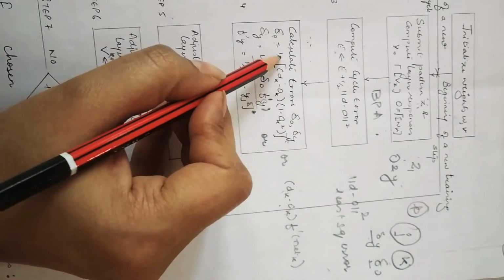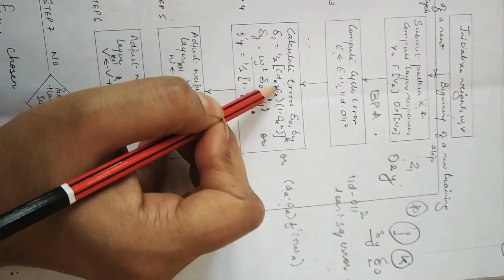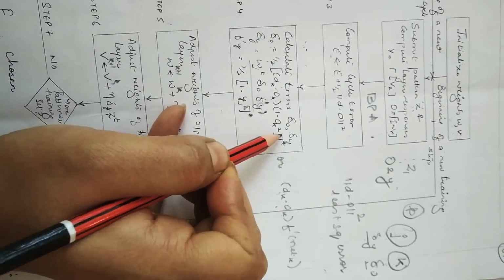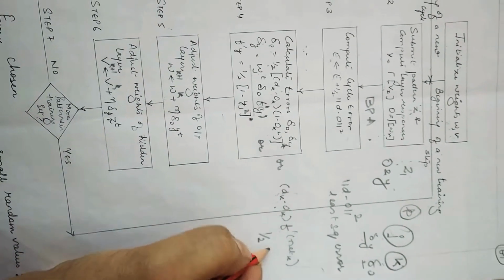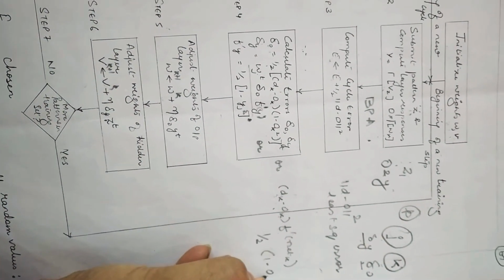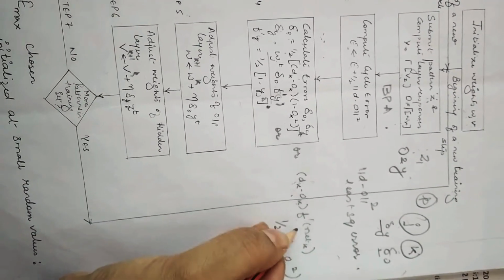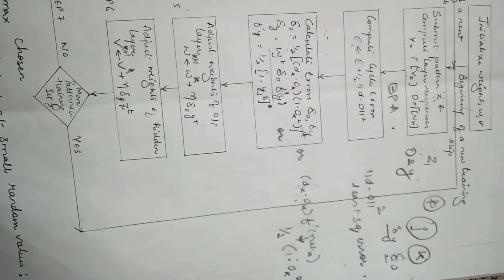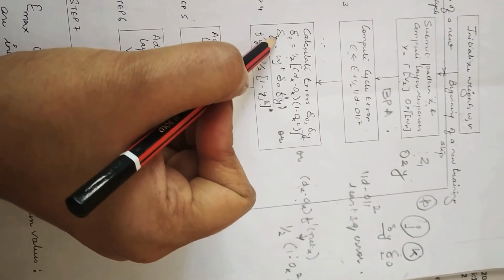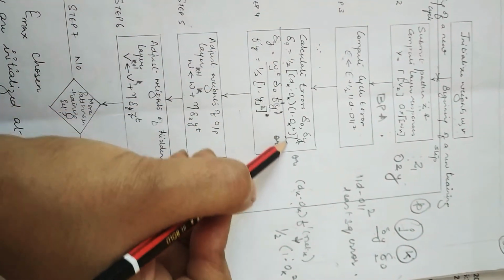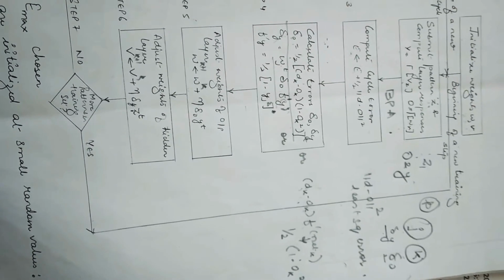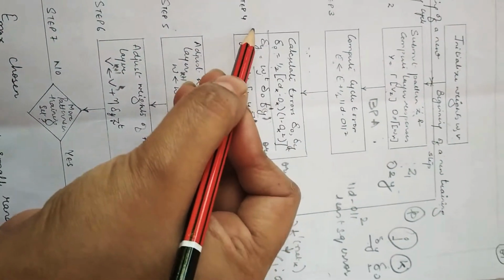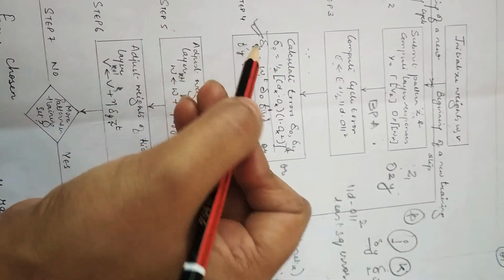Here I have written 1 upon 2 (dk minus ok)(1 minus ok squared), because f dash net is taken as half of (1 minus ok squared). This is the f dash net. This is the simple r that we use in our single layer delta learning rule. Now the question arises, how do we compute this delta y?